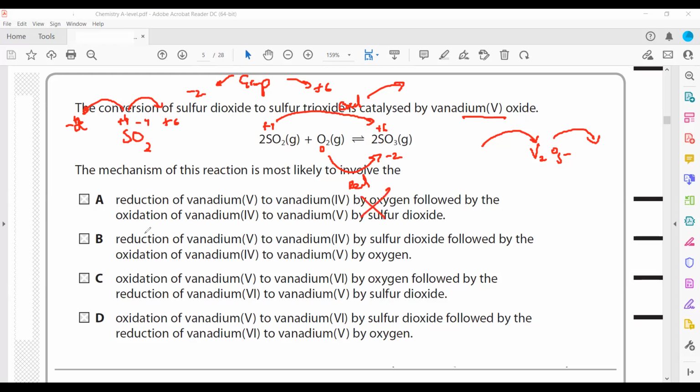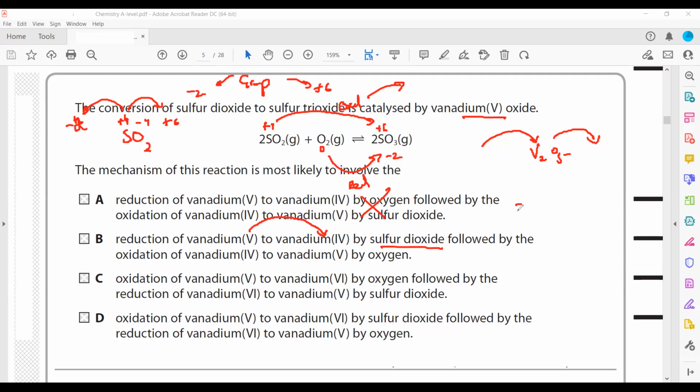When we check the second, reduction of vanadium 5 to vanadium 4 by sulfur dioxide, that's true, because if sulfur dioxide is oxidized, it will reduce the vanadium.